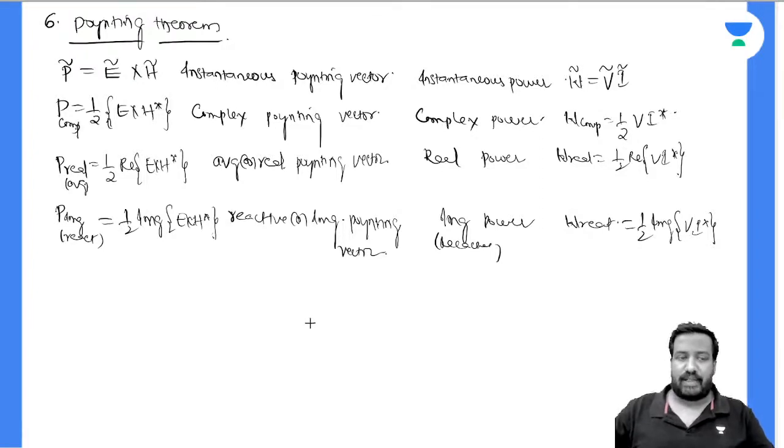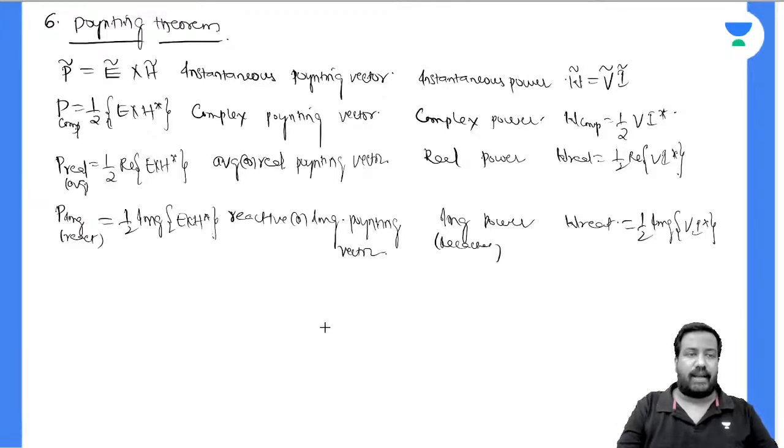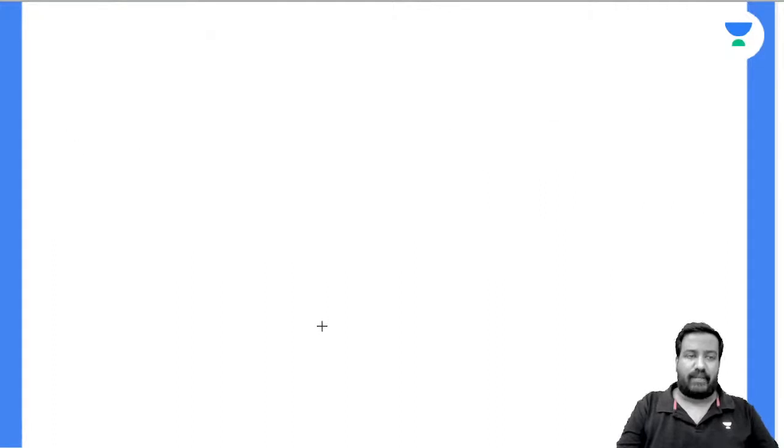These are the Poynting vectors that we got from Poynting theorem, where we have done power analysis. This is also completed very easily, and all the questions have been explained very clearly.